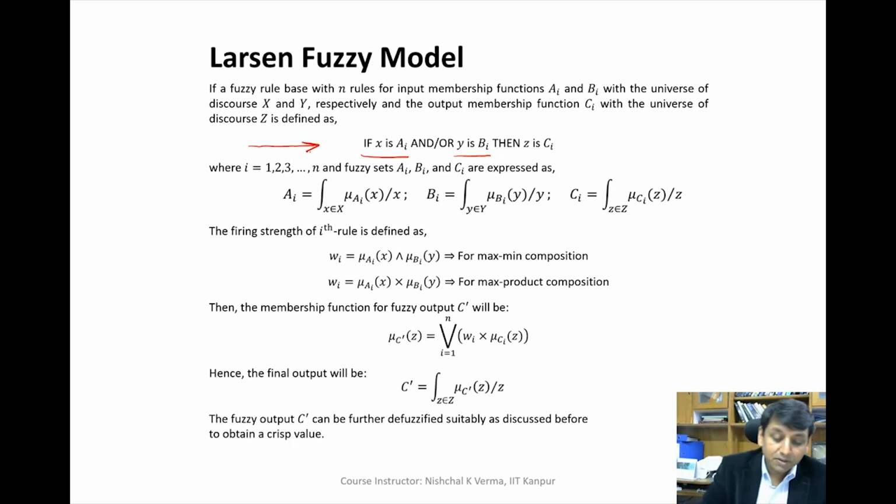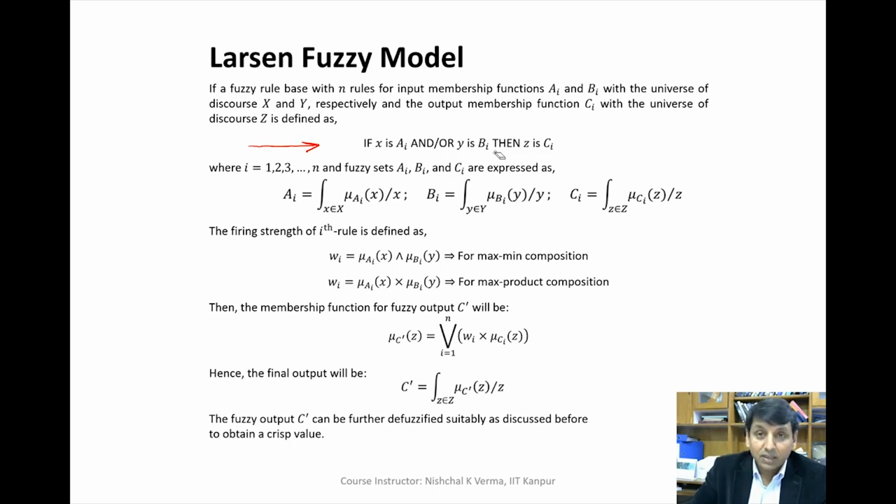The typical fuzzy rule here is: if x is Ai, then we have the connective AND or OR, either of these could be used, and then the other antecedent is Y is Bi.